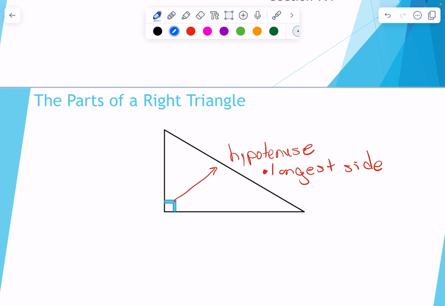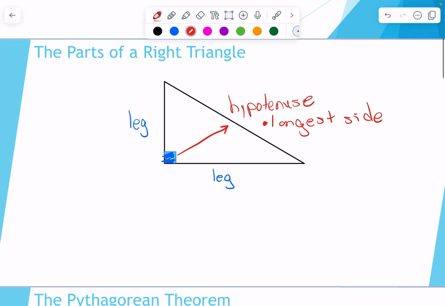The other two sides that we have are what we call legs. So we have one leg here, we have another leg over here. Those two legs come together to form the right angle. So we have the hypotenuse, which is opposite, and the legs come together to form the right angle.